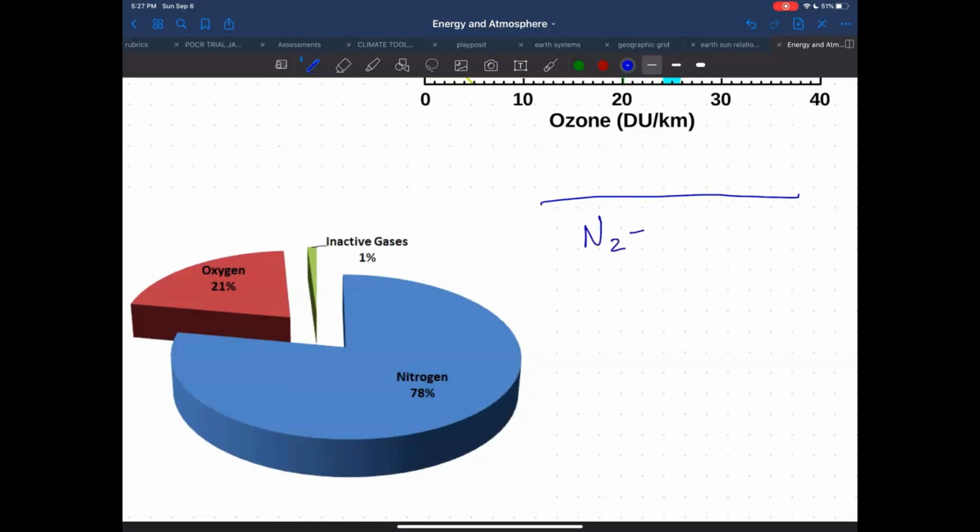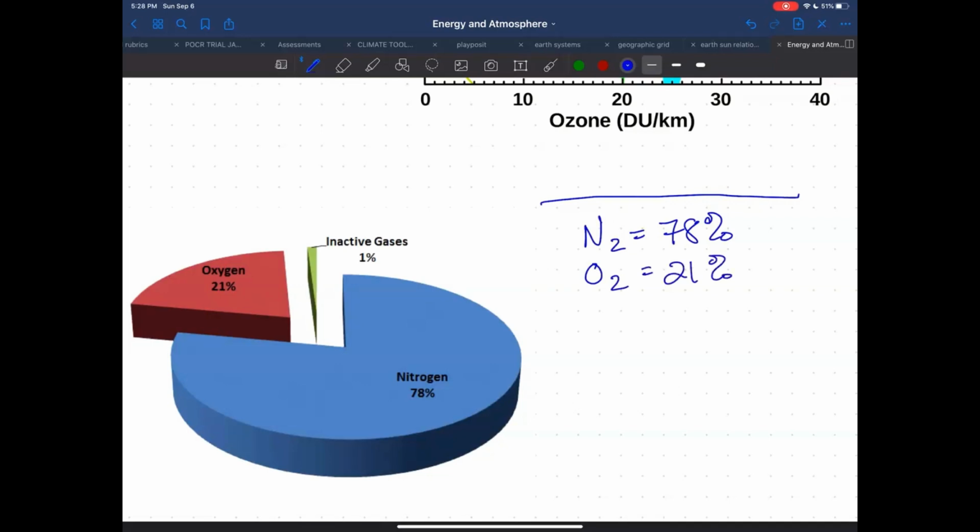So from the pie chart, you can see nitrogen is actually 78% of the gases in our atmosphere. 78%. So obviously huge. And these are rounded. I'm rounding them to a whole percent. They're not exactly that. The next most abundant gas in our atmosphere is oxygen at 21%.